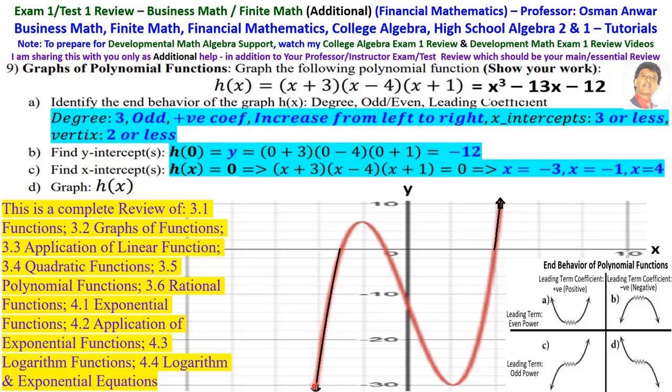Then that is the left end. The right end is x equals 4, the x-intercept to the right, and the right end is this. Then in between is this.